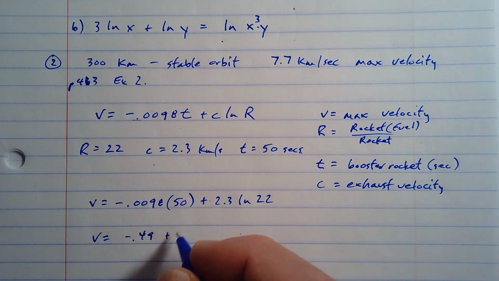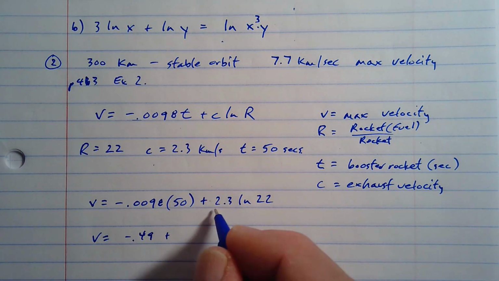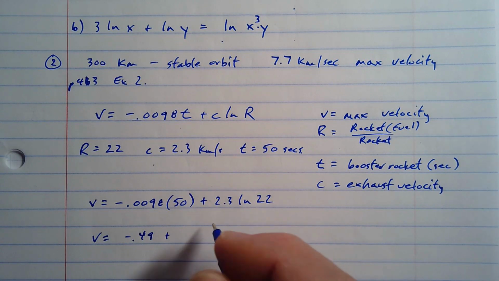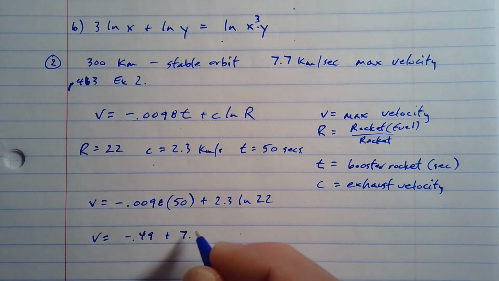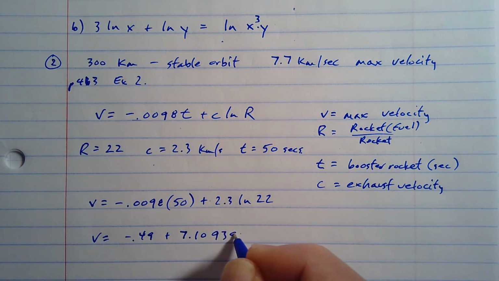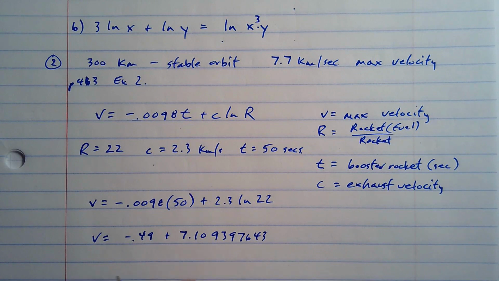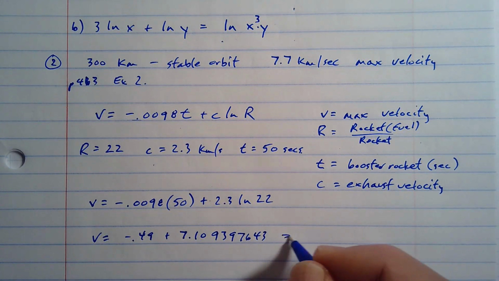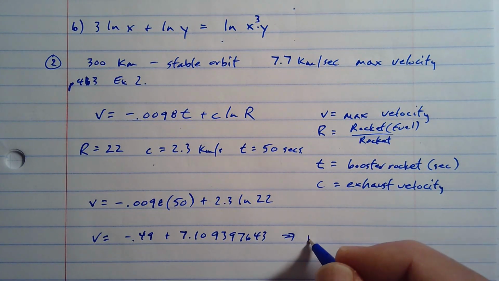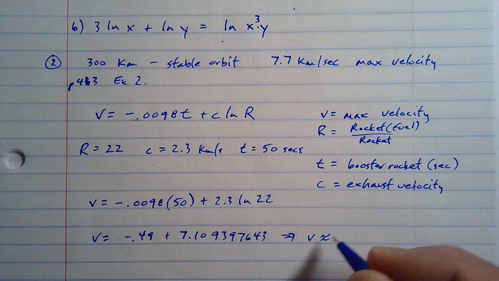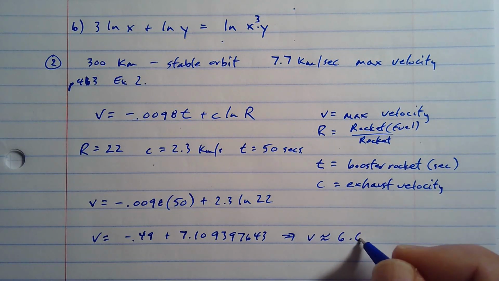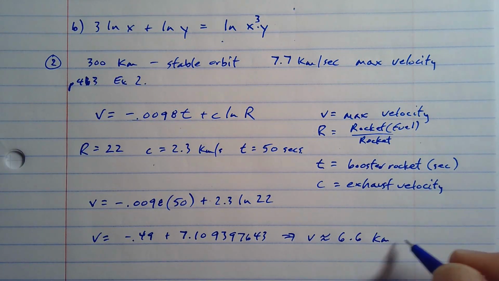You can just type this all into your calculator, and then this 2.3 times the natural log of 22, if you do that correctly, you get 7.10939763. And then when we put those two together and do a little rounding, we get this maximum velocity to be about 6.6 kilometers per second.